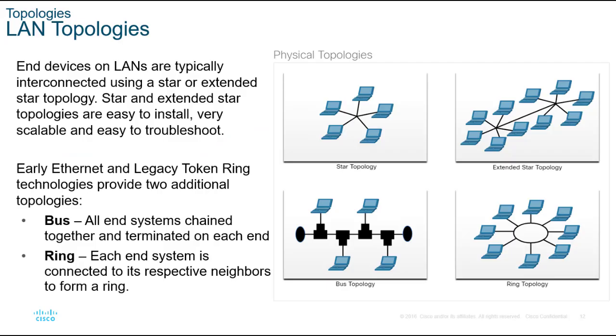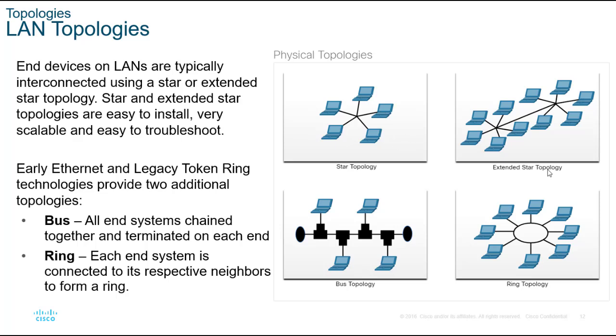Turning from WAN to multi-access LAN topologies, where end devices are interconnected using star or extended star topologies, as shown in the upper 2 figures. In a star topology, the end devices are connected to a central intermediary device, in this case an Ethernet switch, which even though not shown is represented by the point in the center.